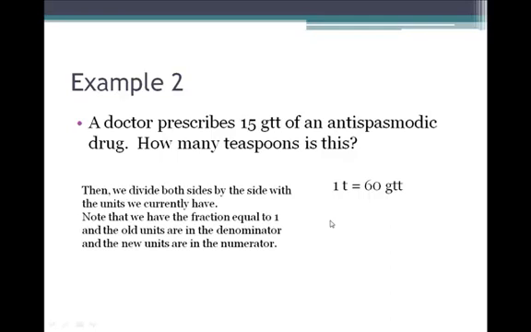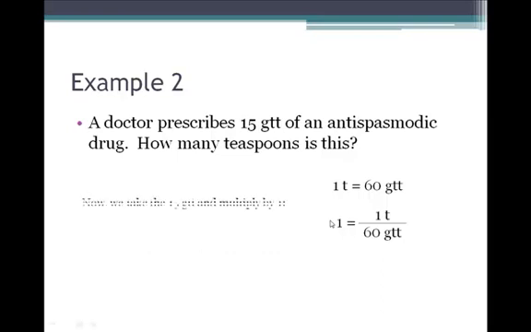This time we want to divide both sides by the drops, because that is the unit that is given to us in our original problem. So we divide this by drops and we get 1 teaspoon over 60 drops. And now we do our multiplication, we take 15 drops, multiply it by 1 teaspoon over 60 drops.